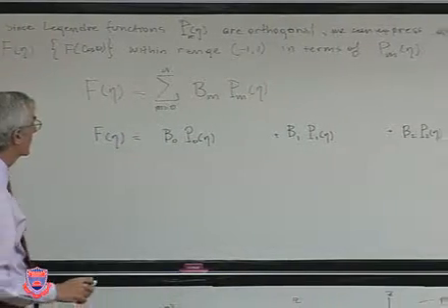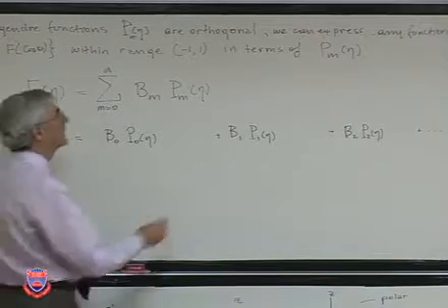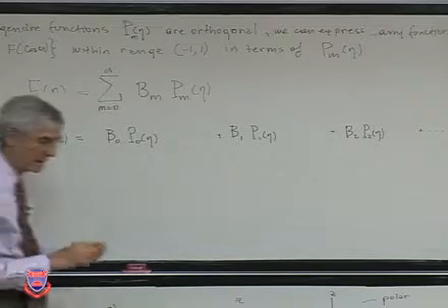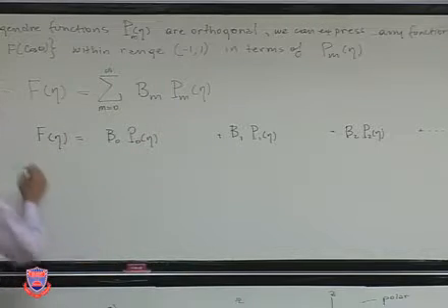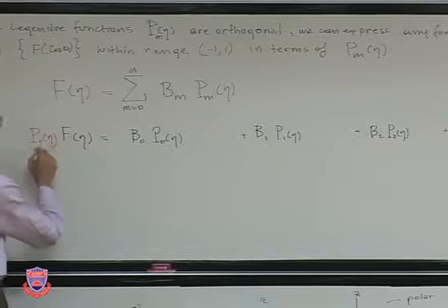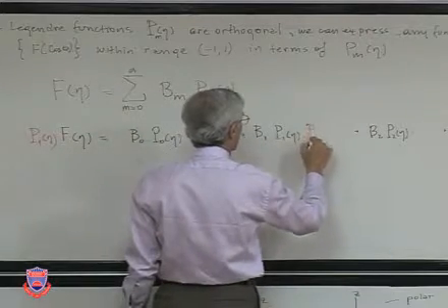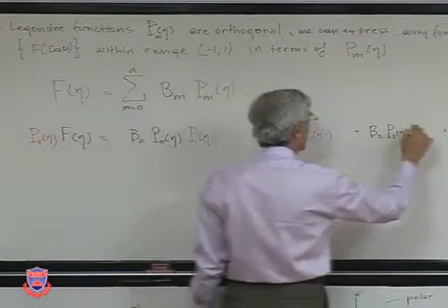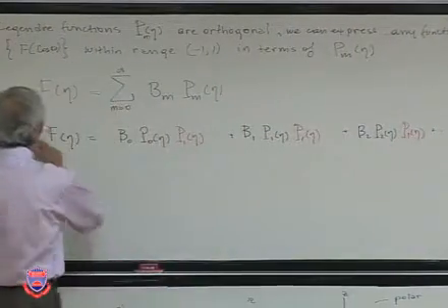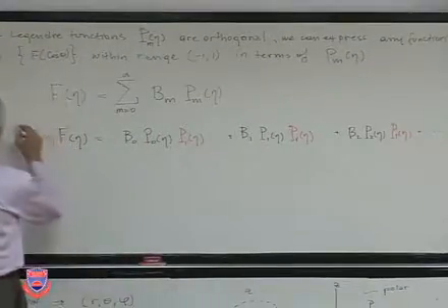You expand this. Now, let's see, I want to evaluate B1. In that case, I would multiply both sides by P1 of eta, and integrate from minus 1 to 1.